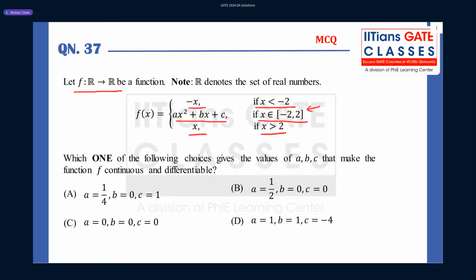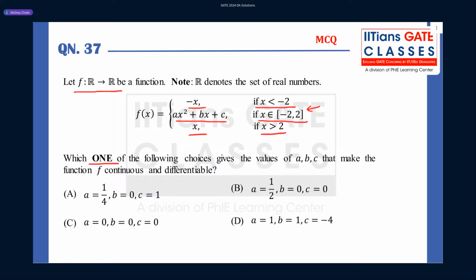So you should be careful about the close brackets also in some cases. Then this is the definition of this function, and they are asking which one of the following choices.